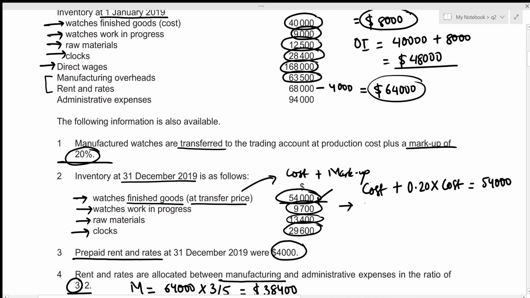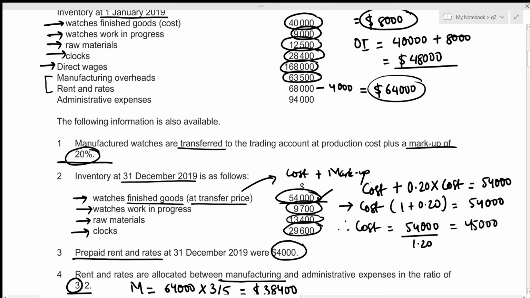Okay, now we can easily figure out the cost. If we take cost common, that's going to be 1 plus 0.20, and this gives 54,000. Then the cost is just going to be 54,000 divided by 1.20, which gives our cost to be 45,000. So now we can figure out the markup or the profit or the unrealized profit.